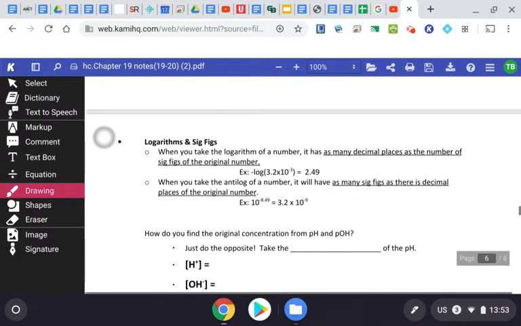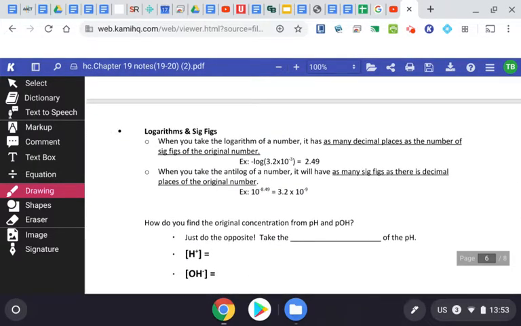All right, since we are using logarithms, we have to remember our rules with logs and sig figs. We saw this back in chapter 18 when we were doing rate laws. When you take the logarithm of a number, it has as many decimal places as the number of sig figs of the original number. So for example, here I have 2 sig figs.